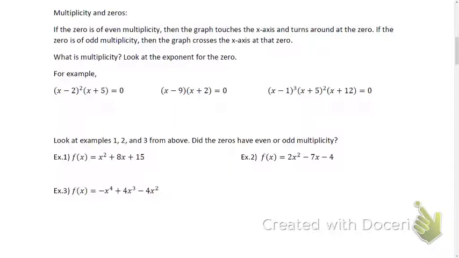On Wednesday, we looked at more multiplicity of zeros. And if you don't remember from the last video or class, multiplicity is the exponent above the factor.